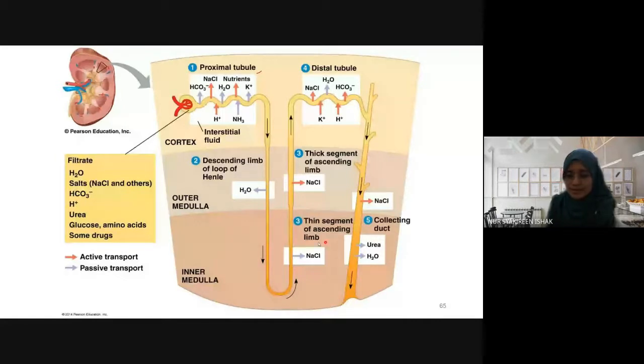Dekat region ni akan berlaku reabsorption of sodium chloride and also urea. These two solutes, urea and also sodium chloride, will contribute, okay, to the high concentration or osmolarity in the interstitial fluid. So the interstitial fluid will be more hyperosmotic compared to the filtrate.